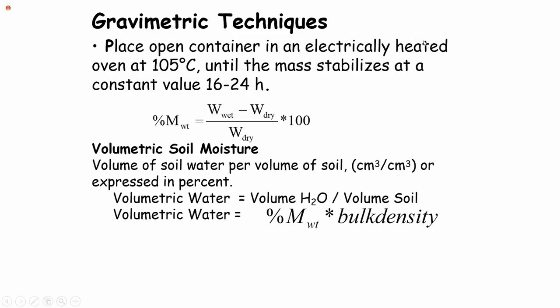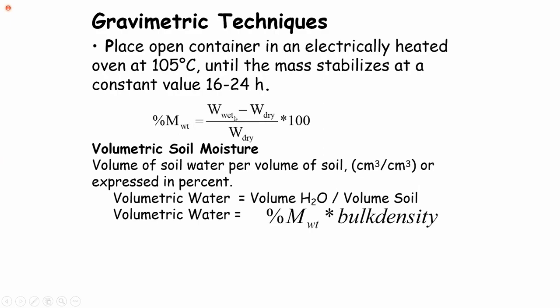You place an open container in an electrically heated oven at 105 degrees C until the mass stabilizes at a constant value, maybe 16 to 24 hours, even up to 48 hours in some cases. And what is the gravimetric moisture content?